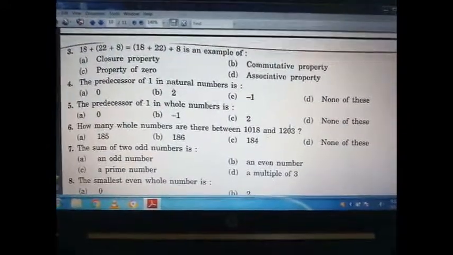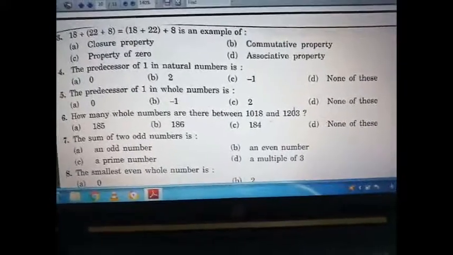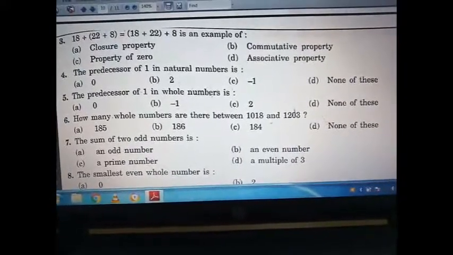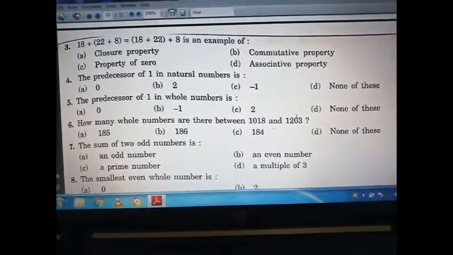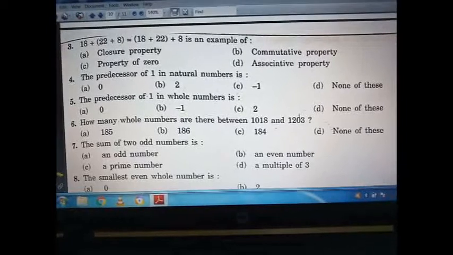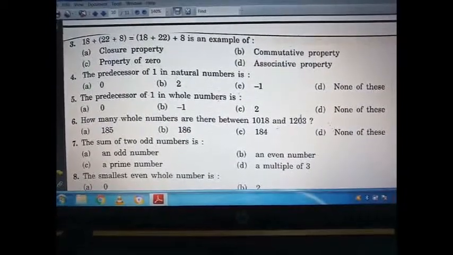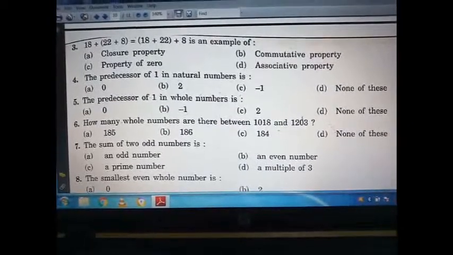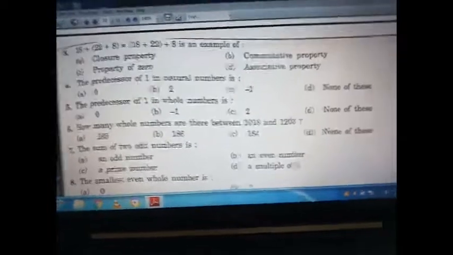Question number 4, the predecessor of 1 in natural numbers. You know that natural numbers start from 1 to infinite. So if it is asking about natural numbers, the smallest natural number is 1, so there should be no predecessor.